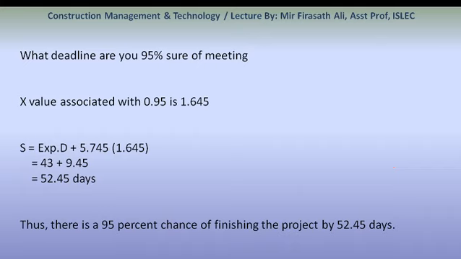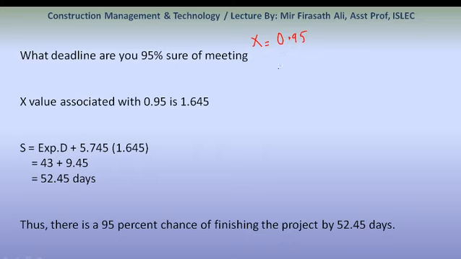Next, what deadline are you 95% sure of meeting? For 95%, we'll go in reverse manner. What do you mean by 95%? It means 0.95, so the probability value is 0.95.